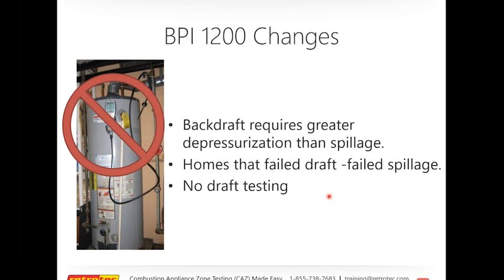But it doesn't matter. That's another thing they said. They said we're no longer going to test draft, because homes that failed draft anyway failed the spillage test as well. So they found there was really no correlation between spillage and draft that necessitated an additional test. So they no longer do draft testing.